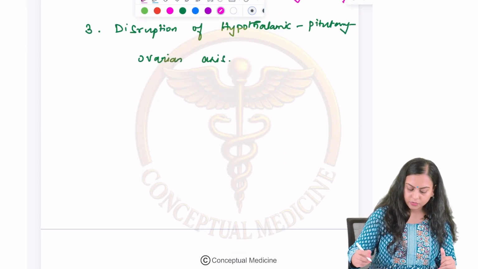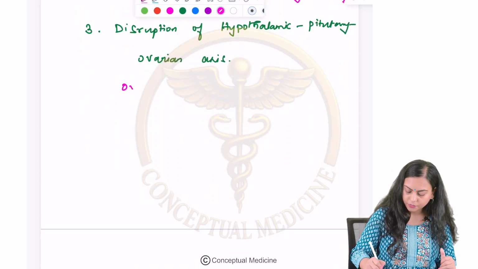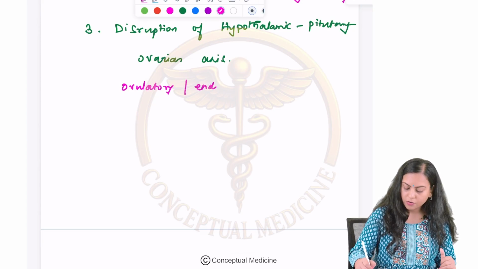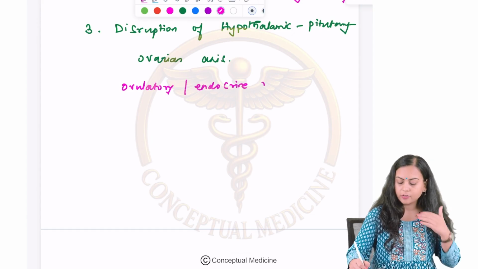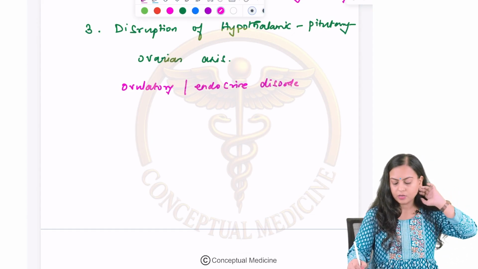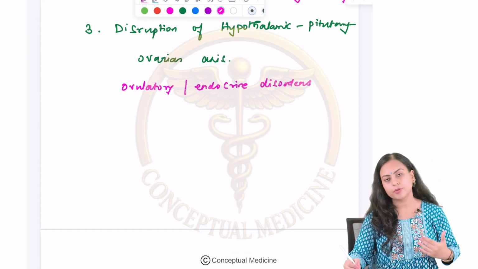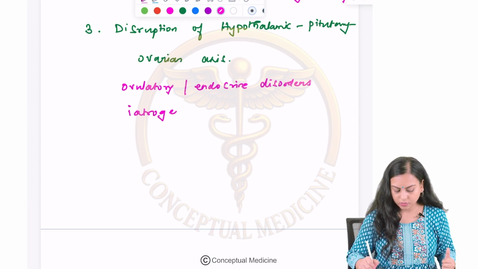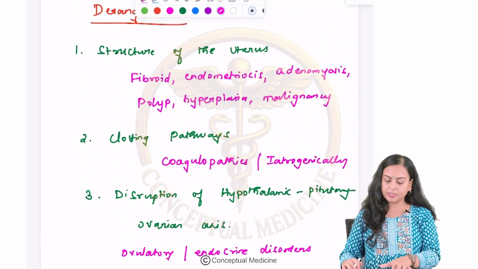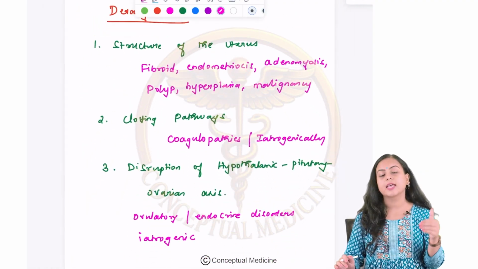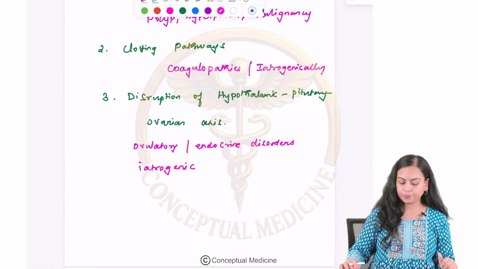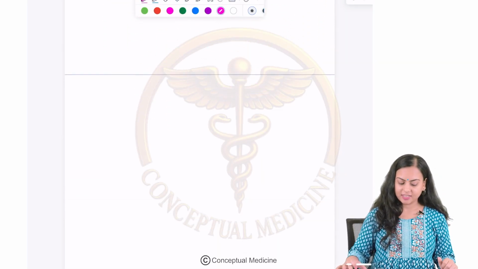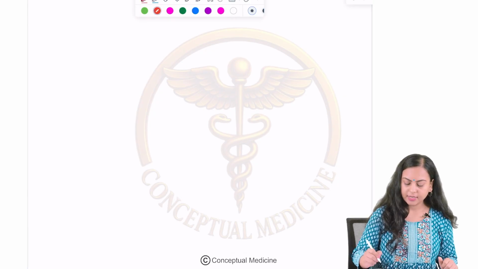Okay, so that will be leading to ovulatory or endocrine disorders, and sometimes this can also be brought about by iatrogenic causes. Okay, so all these disruptions or derangements can lead to uterine bleeding. Clear?